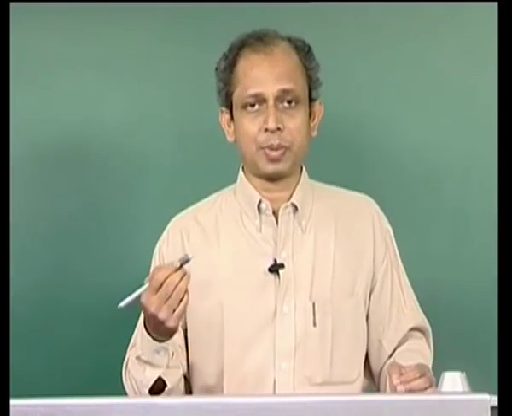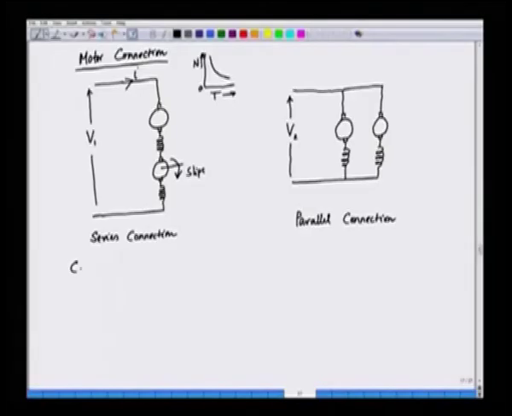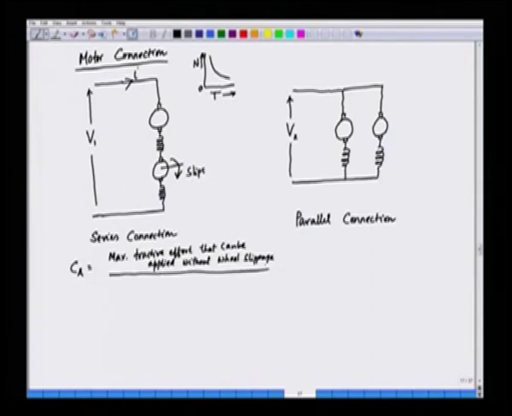And what about the coefficient of adhesion? Now, as we have seen, the definition of CA is the maximum tractive effort that can be applied without wheel slippage divided by the weight on the driving wheel.